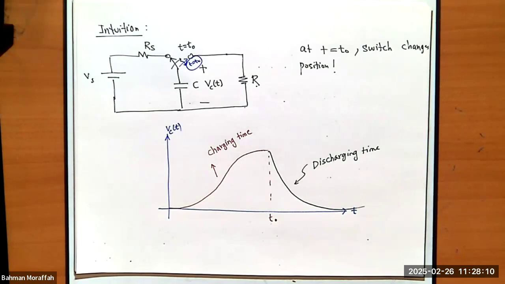And as soon as I hit time t naught, the switch changes position, and the capacitor becomes a supplier. So it's just supplying the rest of the circuit, and it keeps happening till it's completely discharged. We're going to talk about the equations for those, but intuitively, this is what's happening. Does that make sense? Yes?